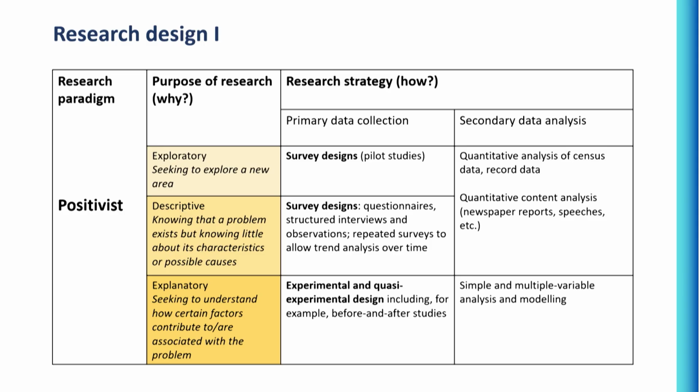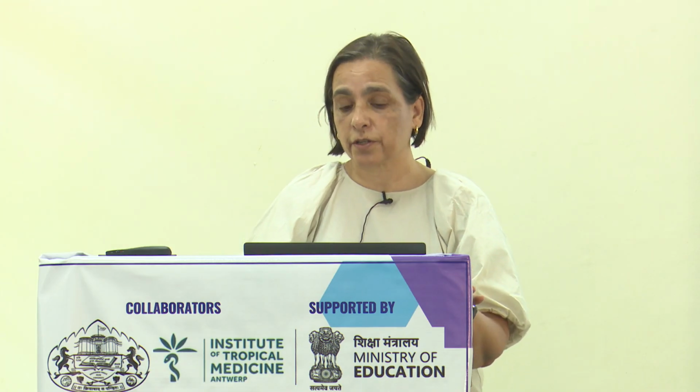When you're looking at an explanatory study from a positivist paradigm, you might have some sort of experimental or quasi-experimental design. So the design is still employing probably the method of a survey, but it's experimental in the sense that you're looking at a baseline evidence that you're trying to collect before an intervention was introduced, and then what happened after, 6 months post-intervention.